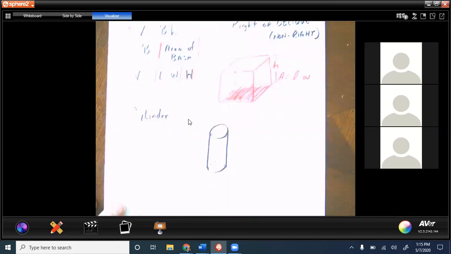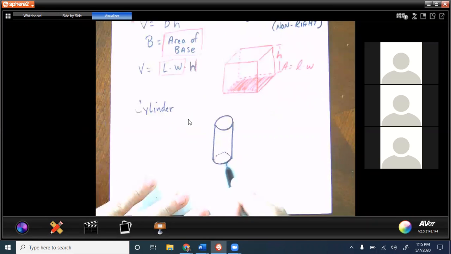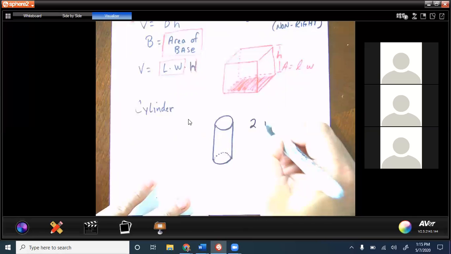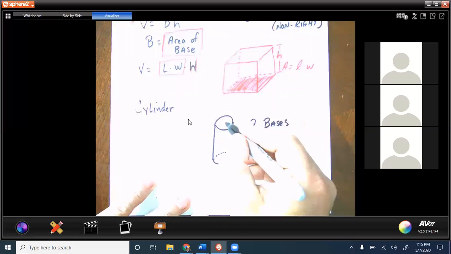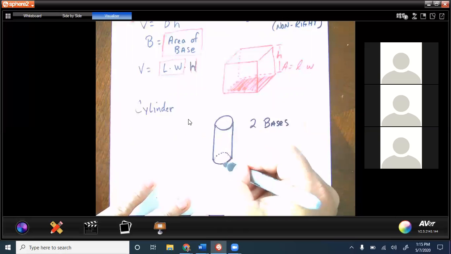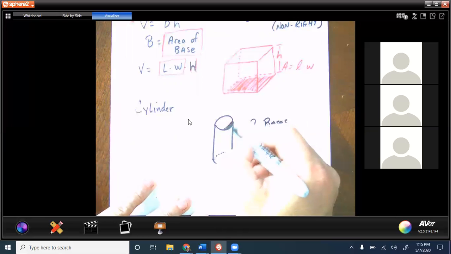Okay, so there's a cylinder. All right, so then the base, now we actually have two bases. You can think of it like that. This could be considered a base, or this could be considered a base. Since it's the same type of figure, it's not a cone, but since it's the same type of figure, then we could call this our base.